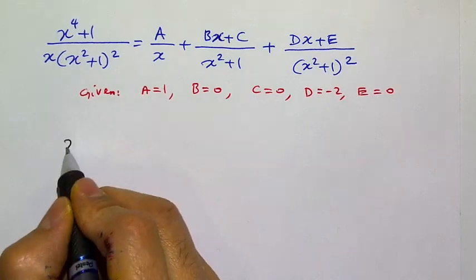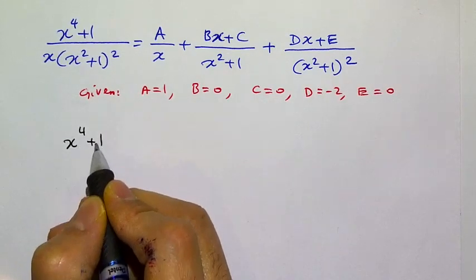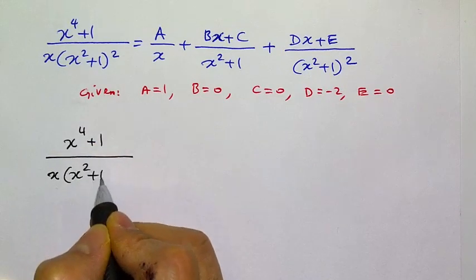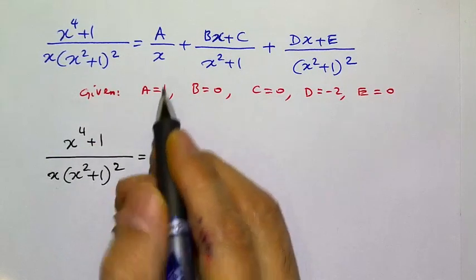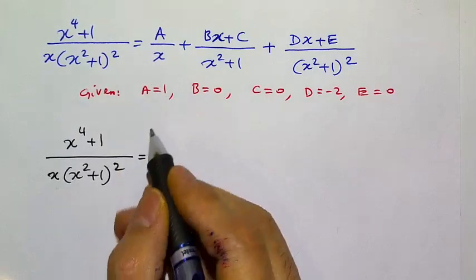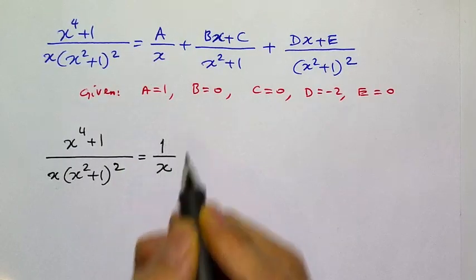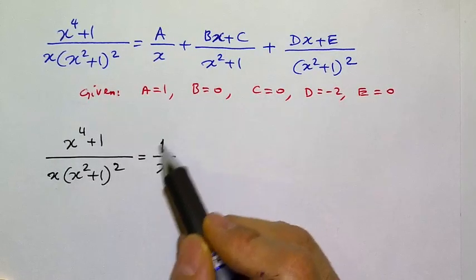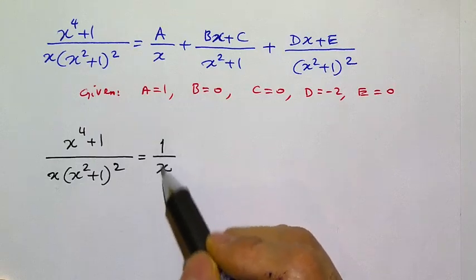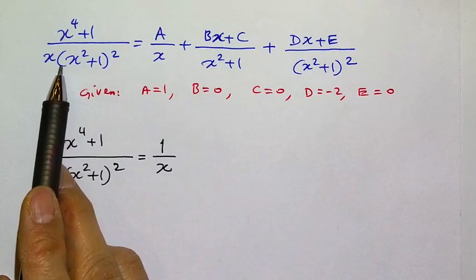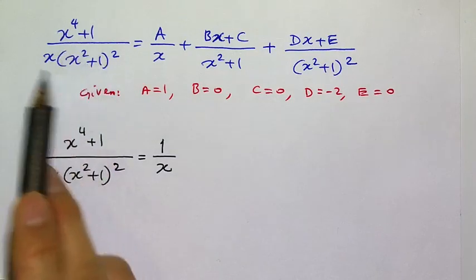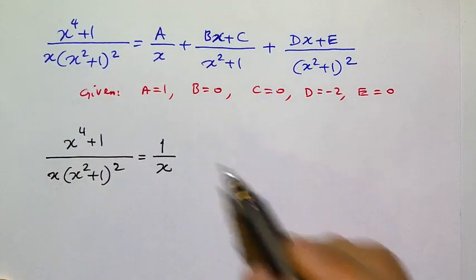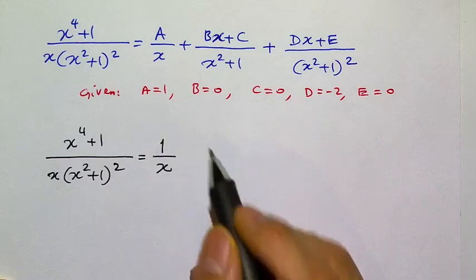So we end up with x to the fourth plus 1 divided by x times x squared plus 1 squared equals a is 1, so 1 over x. How neat is that, right? So in Calculus 2, there is a method that we can apply to this very easily, but not to that so much. This is going to be a very complicated expression, but this is a very easy expression to handle with techniques in Calculus 2.